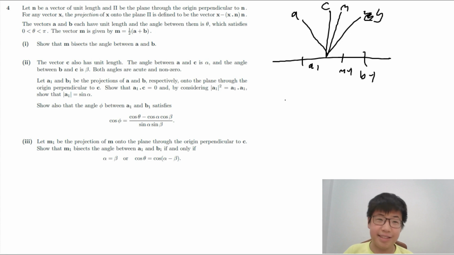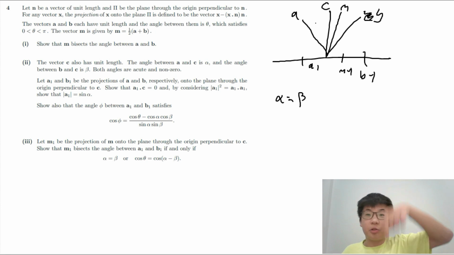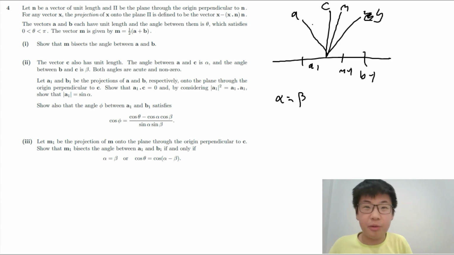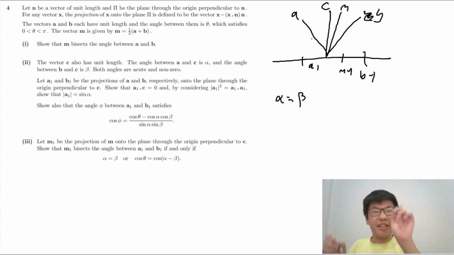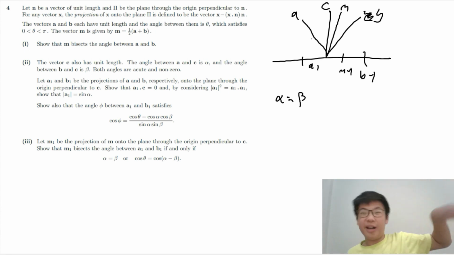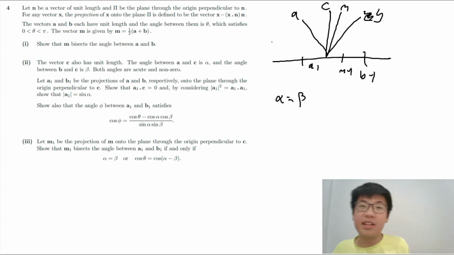So that M1 bisects the angle between A1 and B1 if and only if alpha equals beta, which is obvious if you think about it, because if alpha equals beta, then M becomes C, and then M1 will become 0, which in that case doesn't matter which direction because the direction of the point is indeterminate. So, which effectively proves our point.